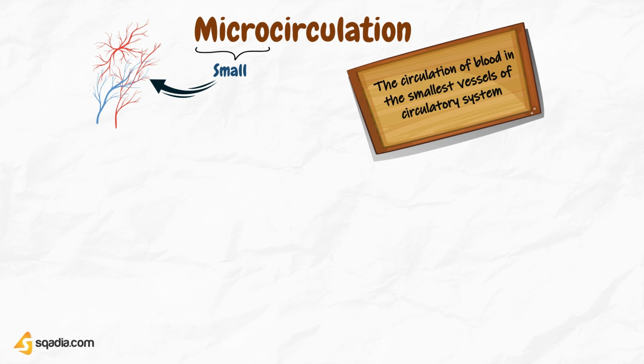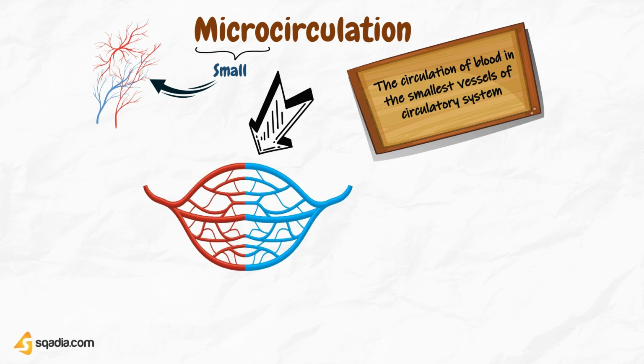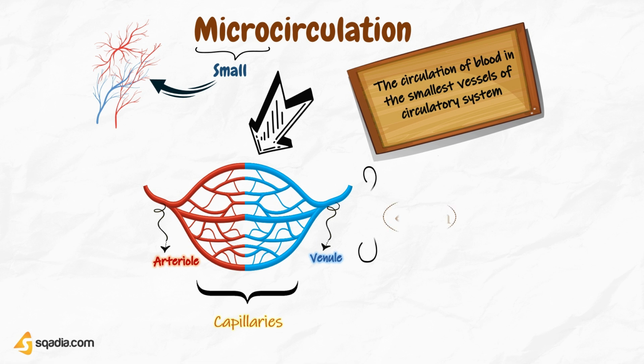Or, microcirculation refers to the flow of blood through the minute blood vessels such as arterioles, mainly terminal arterioles, capillaries, that are actual exchange site, and venules, mainly terminal venules. Or we can say it involves vessels with a diameter of less than 20 micrometer.